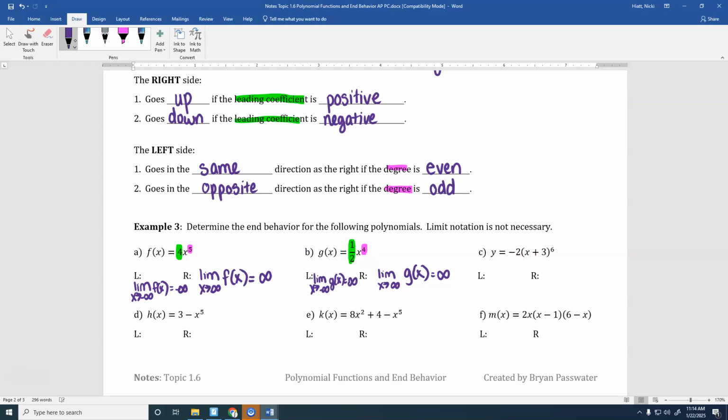I need you to look over at your neighbor's paper. Make sure they don't have this written: limit as x approaches infinity equals infinity. Okay, what's wrong with that? Well, let's say they wrote it on the right side. It is the right side. But what's wrong with it?